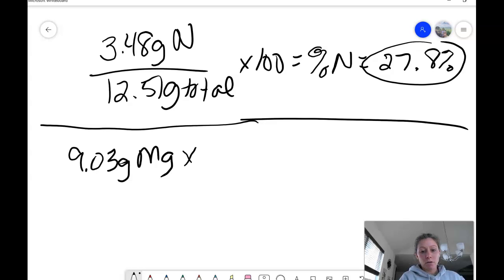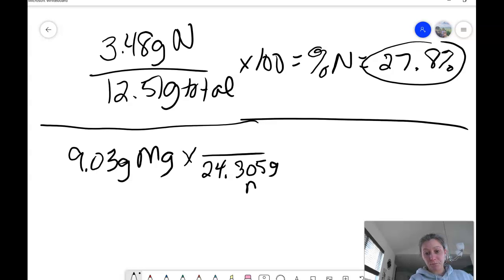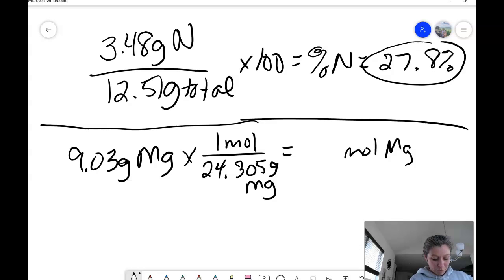We know, using our periodic table, we could look at the molar mass of magnesium, and the molar mass is 24.305, and it equals 1 mole. So I can determine the number of moles of magnesium, and that would come out to be 0.3715 moles. See that I'm carrying it out pretty far actually.